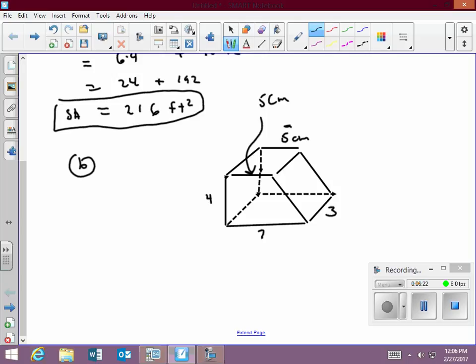So the surface area is going to be 2, and the area of a trapezoid is 1/2 of base 1 plus base 2. Well, base 1 is 7, base 2 is 5, times the height is 4, and then it's plus the perimeter, and this is a right angle.